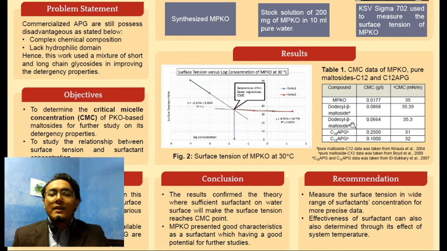With a variety of system temperatures, for example, by increasing the temperature from 30 to 50 to 70 degrees C, we can obtain the optimum CMC value at different temperatures.